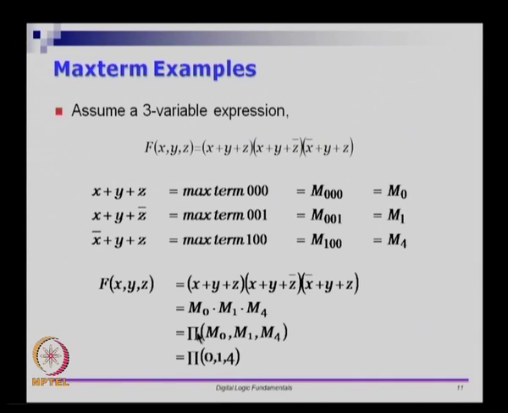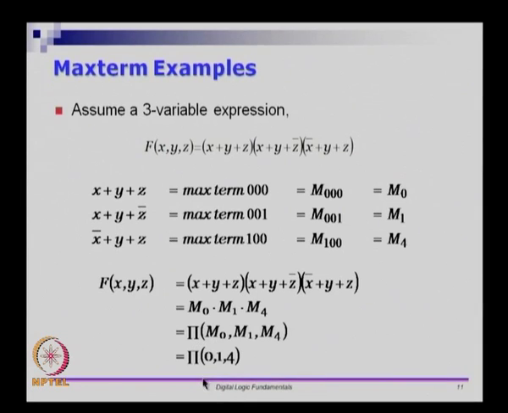And again from algebra we usually use sigma for sum and pi for product. So we will use pi of M0 comma M1 comma M4. Remember there is no AND anymore because pi already implies that we are ANDing. So it is a comma separated list. So it is the product of max term 0, max term 1 and max term 4, and whenever we have a pi implicitly we assume that the terms inside are already max terms.